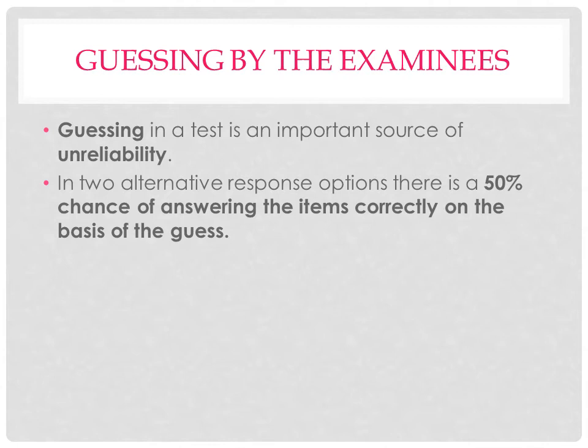In two alternative response options, there is a 50% chance of answering the items correctly on the basis of a guess. So again, in parallel forms reliability, you are going to use two tests.